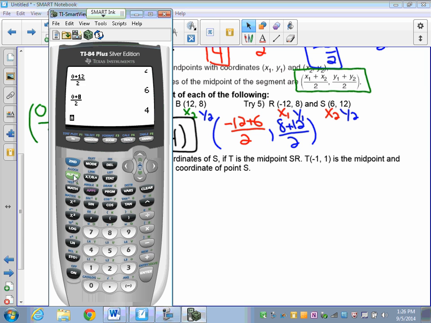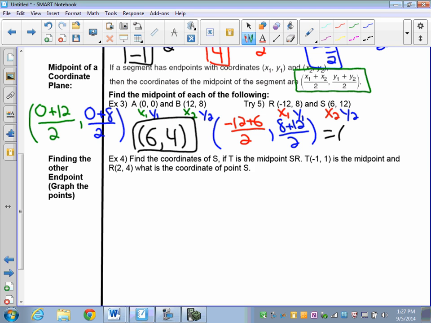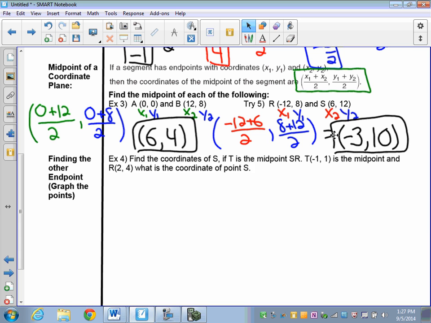Again, using the calculator, alpha, y equals enter, negative 12 plus 6 over 2, we get negative 3. Alpha, y equals enter, 8 plus 12 over 2. So our final answer is going to be negative 3, positive 10. That's how we calculate the midpoints.